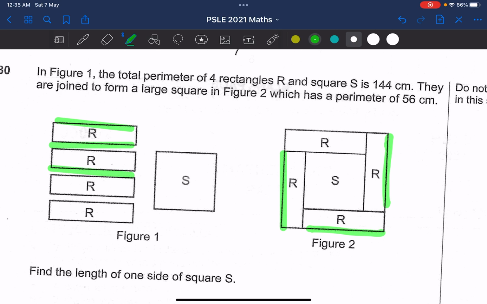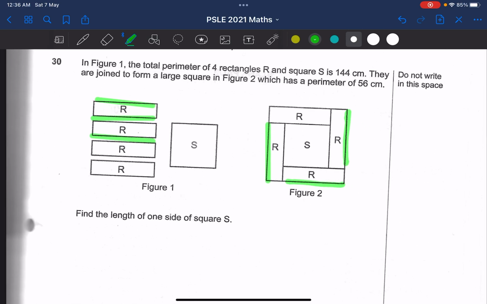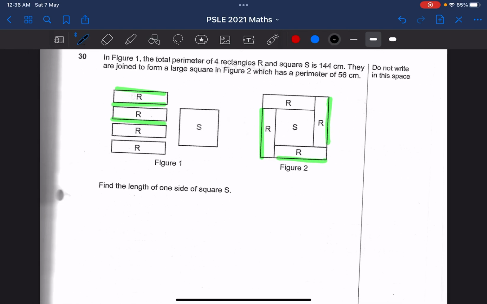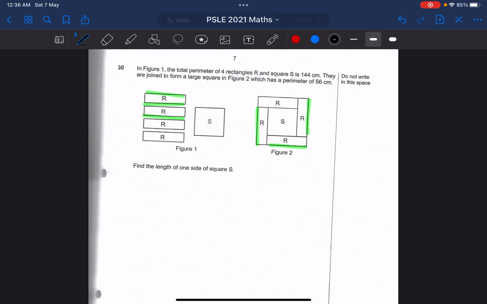You use a color to match so that you're able to tell what is the total perimeter. So this one, if you are curious, you can try it on your own. I will not go through this since I did not ask you to do it, but if you are keen, okay, try it on your own. The answer is actually 8 centimeter. Alright, so this one I leave you to do on your own if you are interested.